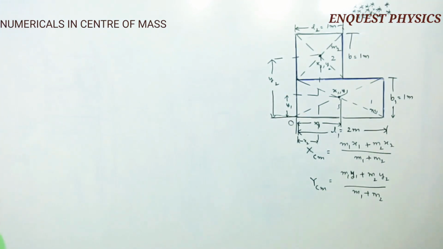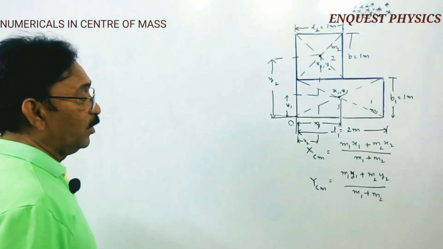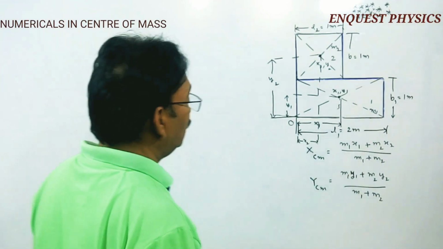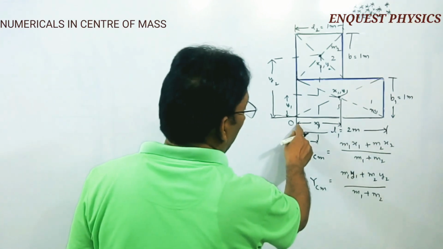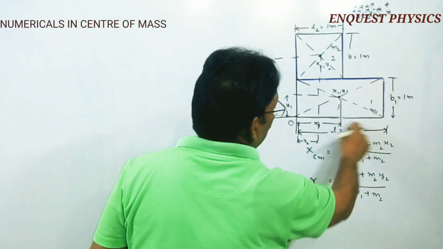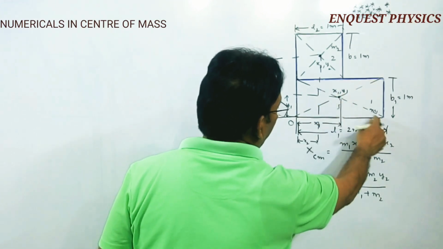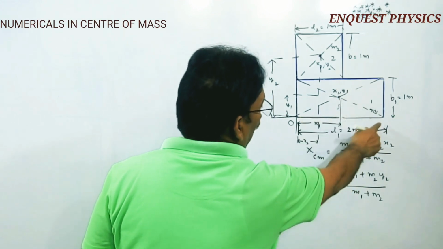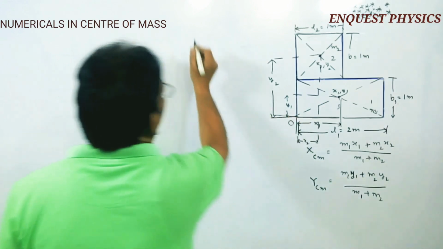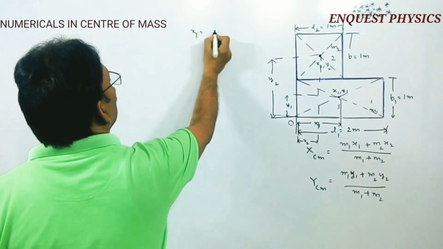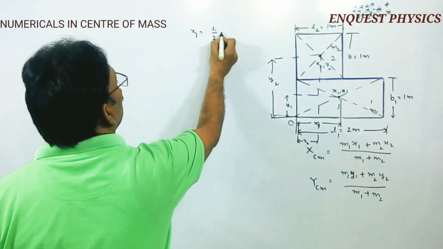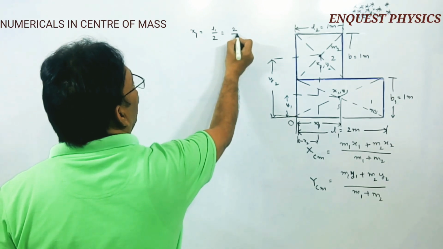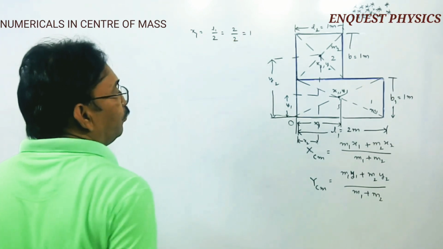Let's find the magnitudes of x1, y1, and x2, y2. x1 is the geometrical center. The length is 2 meter, so half of the total length is x1. That is x1 is equal to L1 by 2, which is 2 by 2, equal to 1 meter.